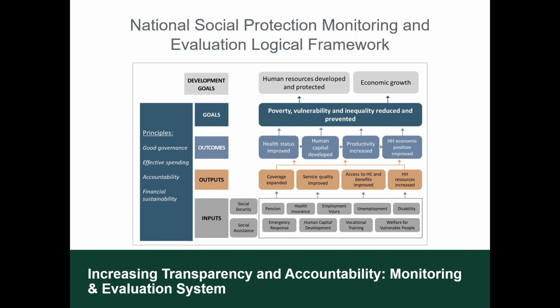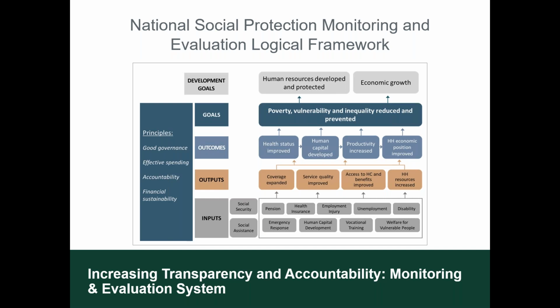Here, I would like to highlight that the logical framework illustrates our expected result chains. It also provides us with a structure to define and measure the expected inputs, outputs, and outcomes leading to the achievement of our policy goals to prevent and reduce poverty, vulnerabilities, and inequalities.